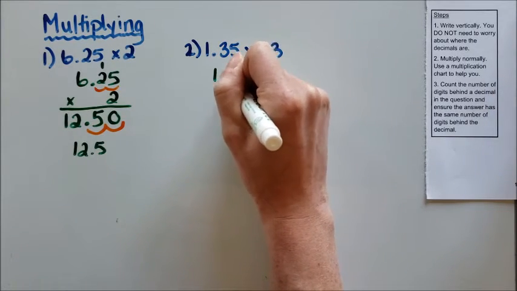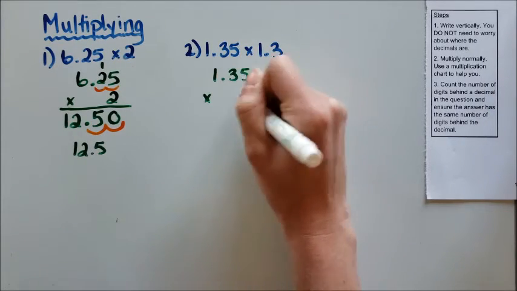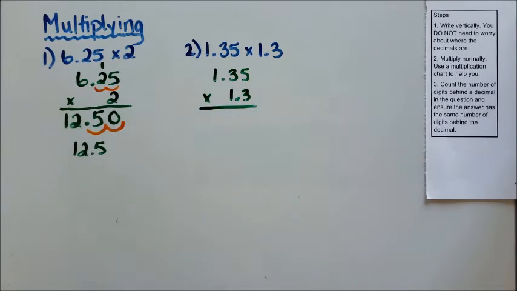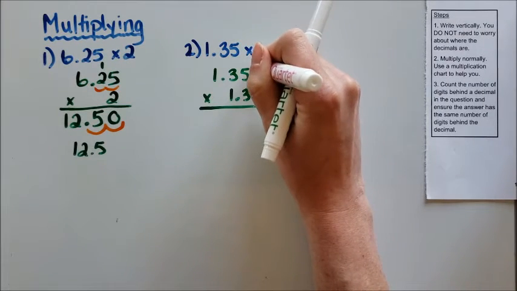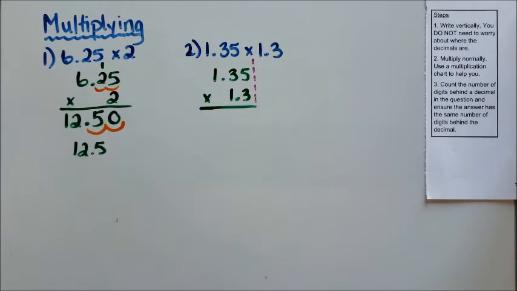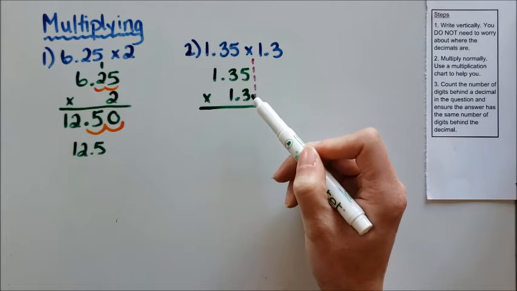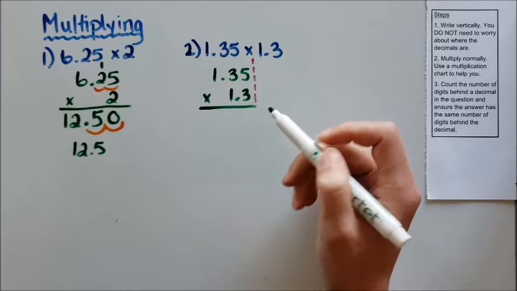So 1.35 times 1.3. I'm going to make sure that I line these up across the back. I want to make sure that this is flush, or level. Everything sort of butts up against that right-hand side. Now I'm going to do my multiplication.